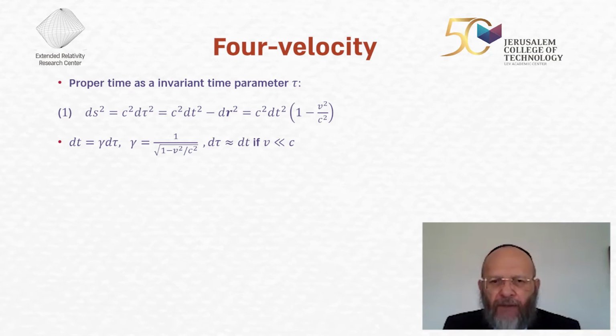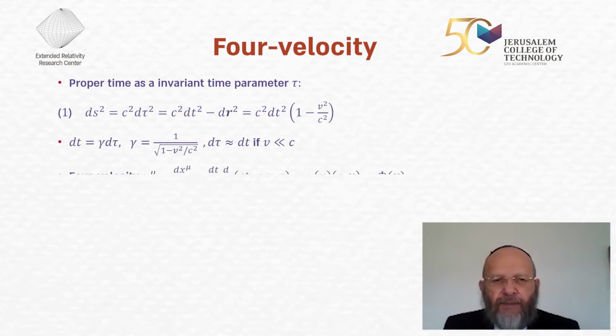So when v is much smaller than c, this is almost 0, the whole expression of the square root is 1. So gamma is 1, and dt became d tau, approximately. That means the proper time is invariant because the s is invariant, c is invariant, so the tau is invariant, and it is approximately equal to the time when the velocity is significantly smaller than c.